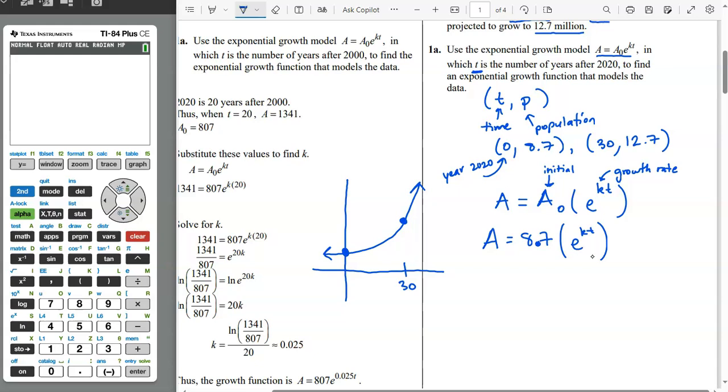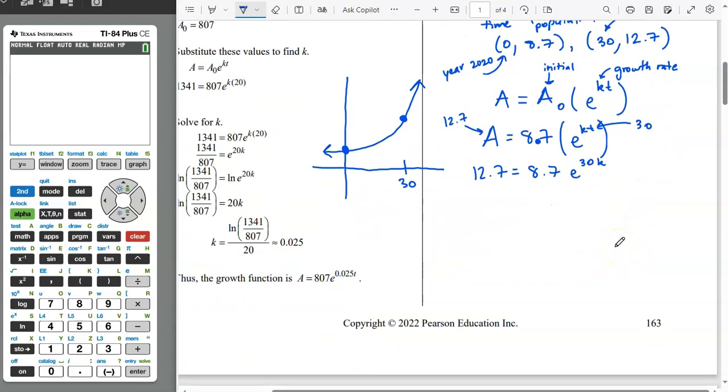And in the year 2050, which we're calling with the t value 30, if we plug in 30 for t, we're supposed to have a population, which will be our final population, this a, the population is supposed to be 12.7 million. So we can go 12.7 equals 8.7 e to the t is 30, and then k, we still don't know what k is.